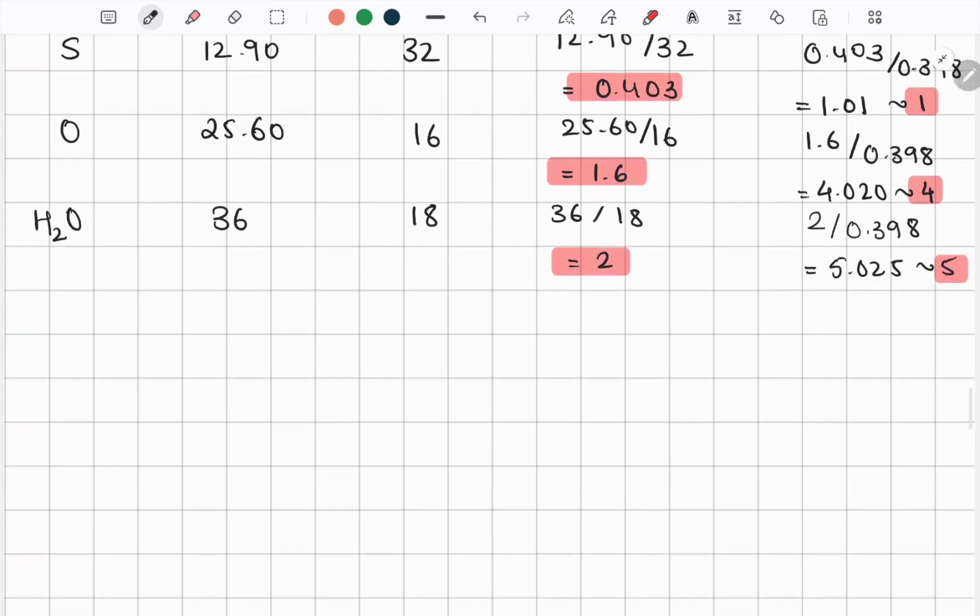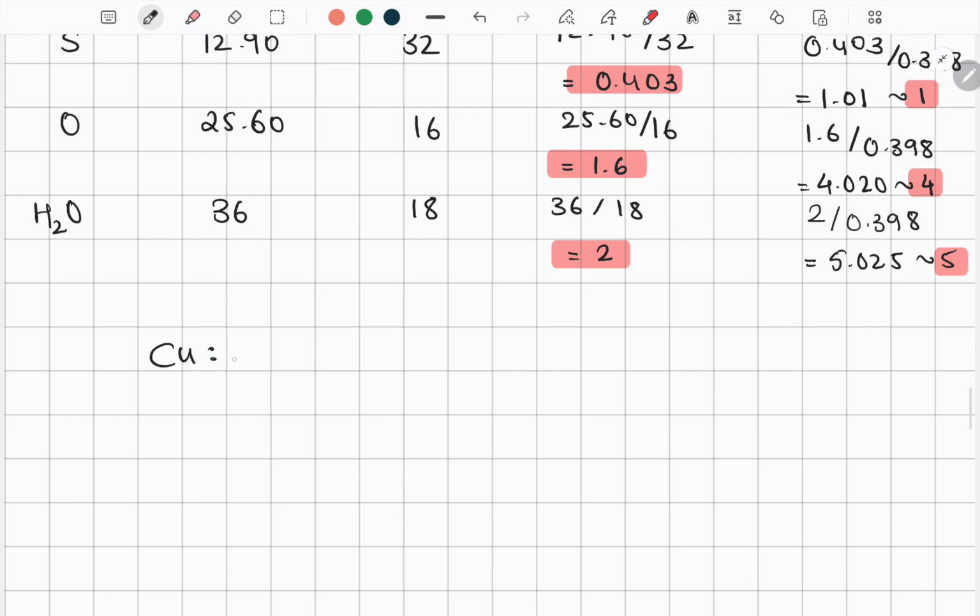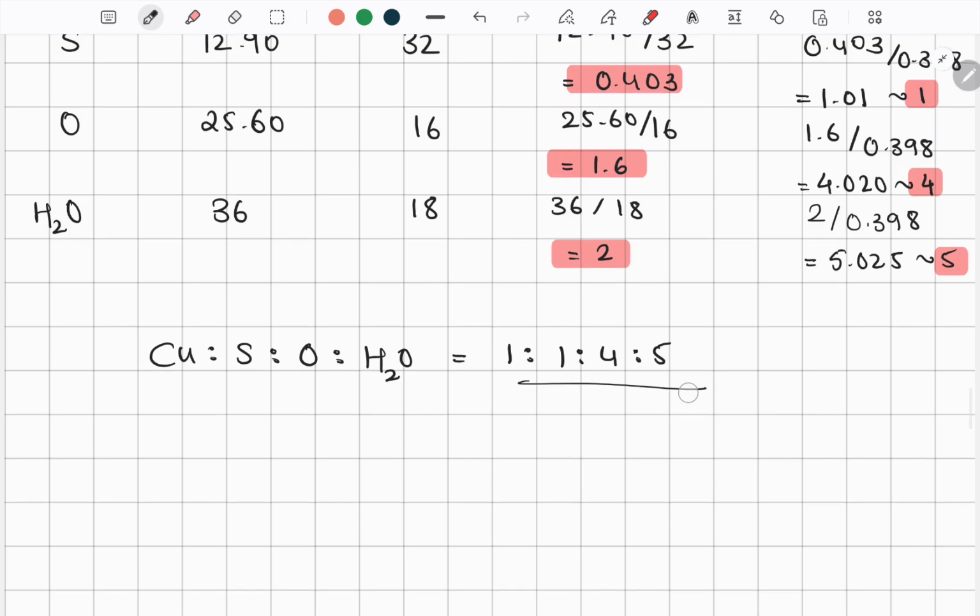So we can say the ratio of copper to sulfur to oxygen to water of crystallization is 1 to 1 to 4 to 5. These are all simplest whole number ratios.